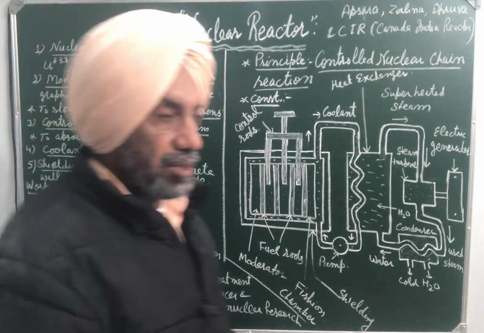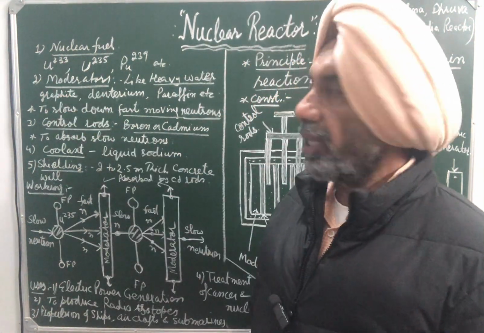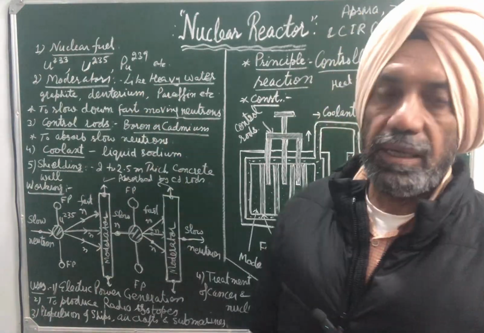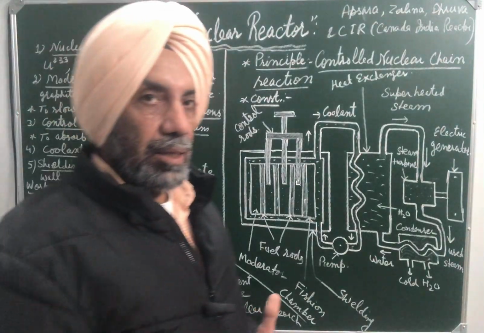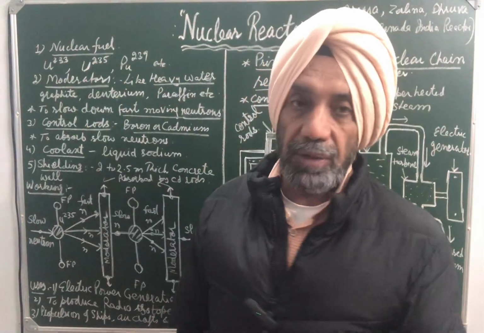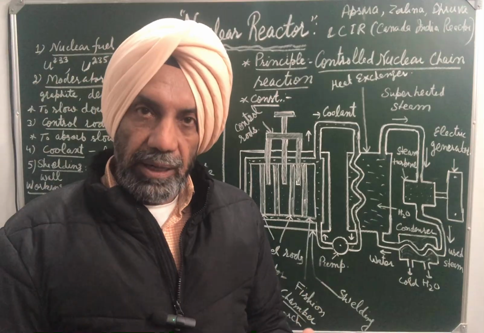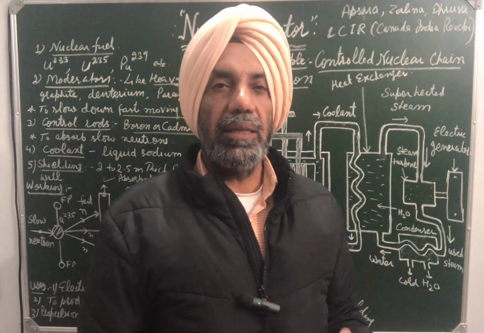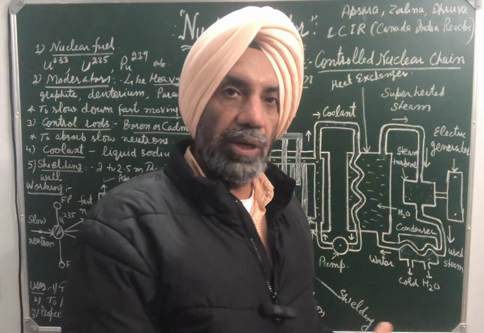These fuel rods contain uranium 233, 235, Pu 239, etc. They act as fuel because uranium 233 or 235, when bombarded with one neutron, splits into two lighter nuclei, 3 neutrons are produced, and a huge amount of energy is released. This is nuclear fission.